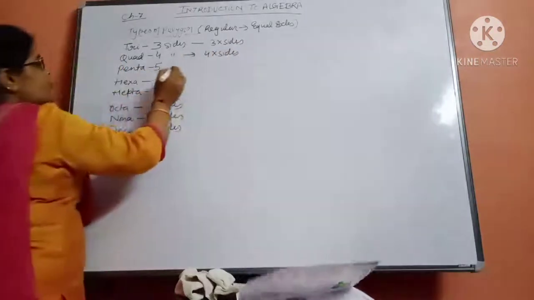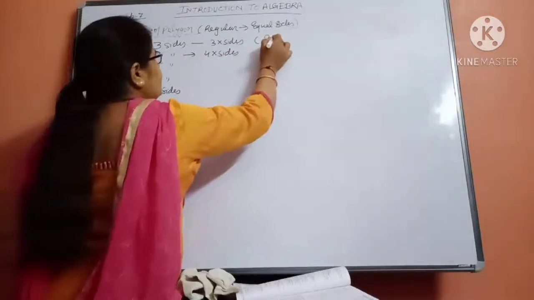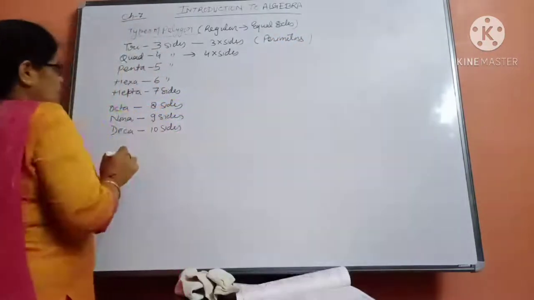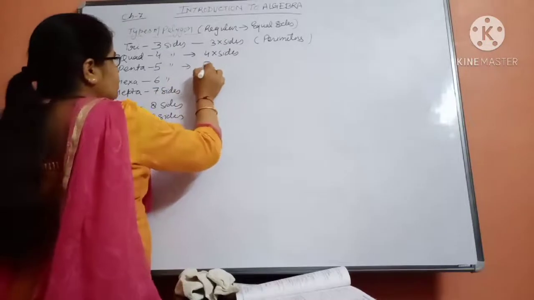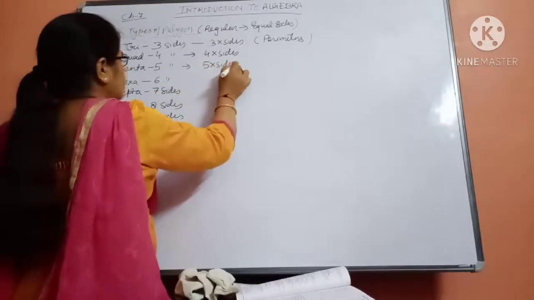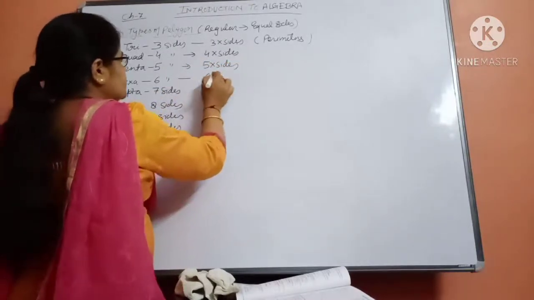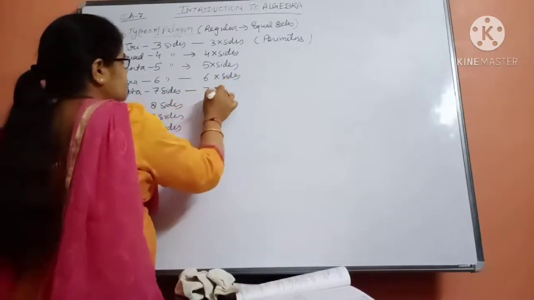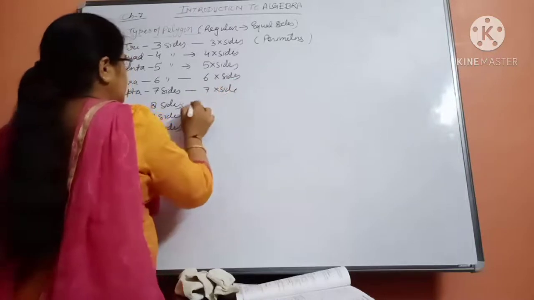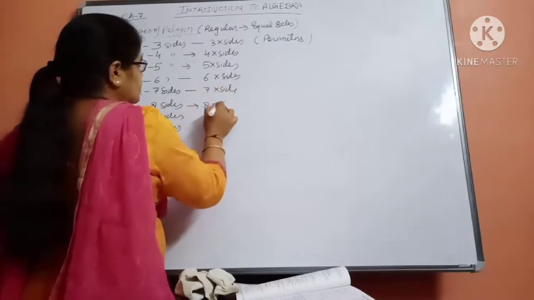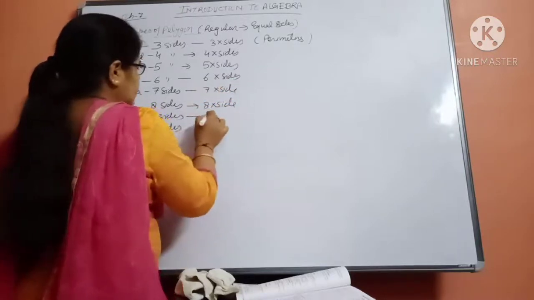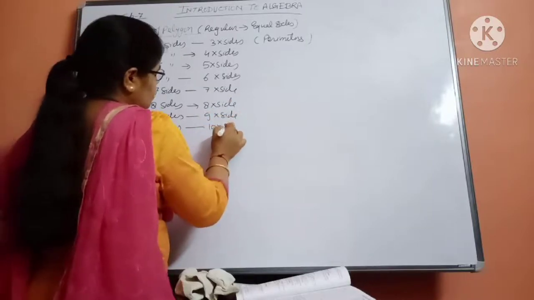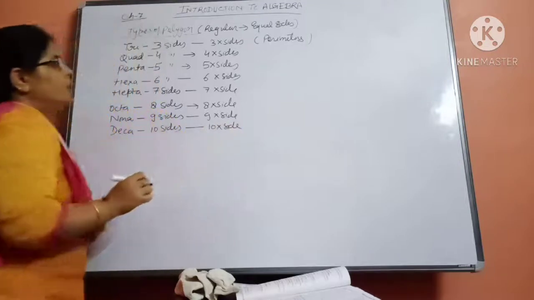For 5 sides, 5 into side. For 6 sides, 6 into side. For 7 sides, 7 into side. For 8, 8 into side. For 9, 9 into side. And for 10, 10 into side will be the perimeter of a regular polygon.